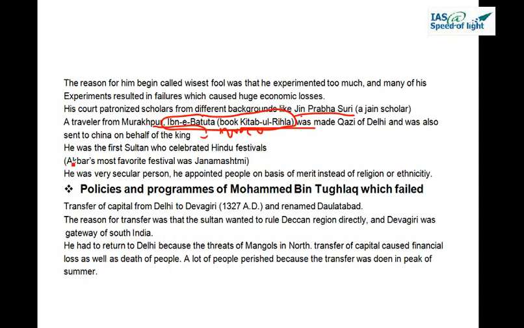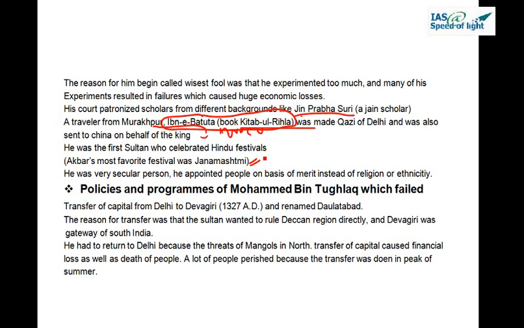He was the first Sultan who started celebrating the Hindu festivals, and just an additional point here, Akbar's most favorite festival was Janmashtami. He was a very educated person and a very secular person, and he used to appoint people on the basis of merit instead of religion or ethnicity.